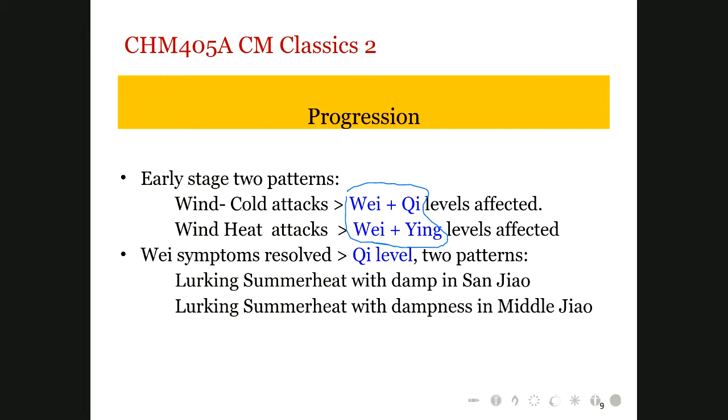So, lurking summer heat with dampness in the Sanjiao, and lurking summer heat with dampness in the middle burner. If lurking summer heat with damp is in the middle burner, it usually involves more weakness in the spleen, and usually there is no severe heat causing injury in the nutritive blood level.